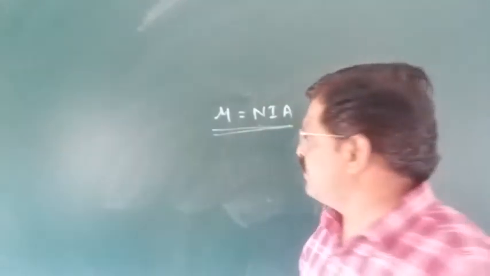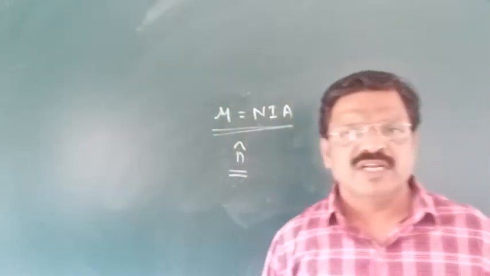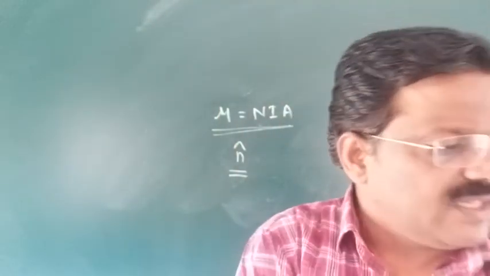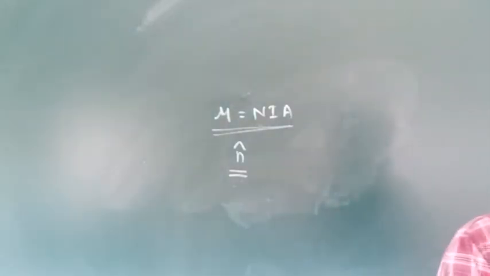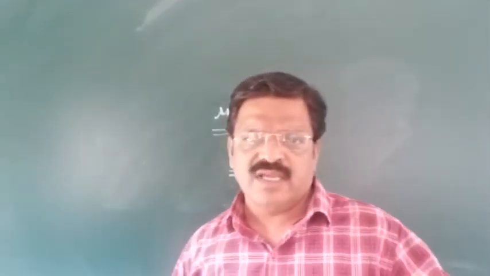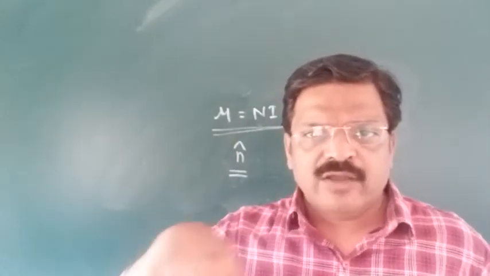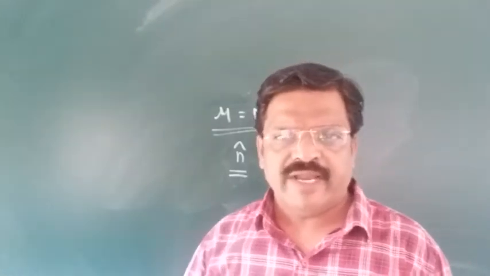What is n cap? N cap is a vector which is perpendicular to the plane of the coil, which we studied in the last point, that is torque acting on the current loop. N cap was in a direction perpendicular to the plane of the rectangular coil kept in uniform magnetic field.